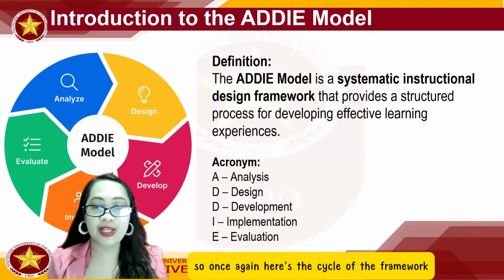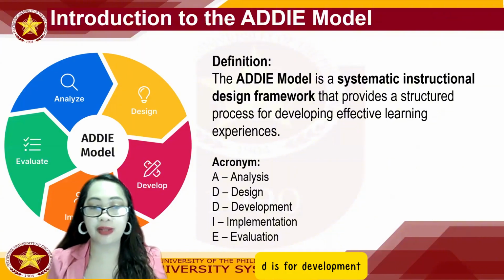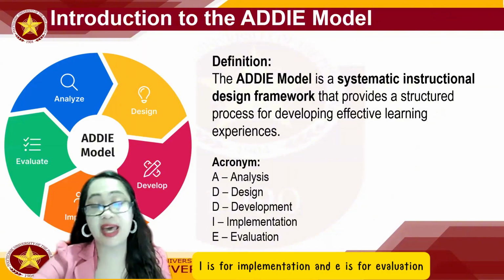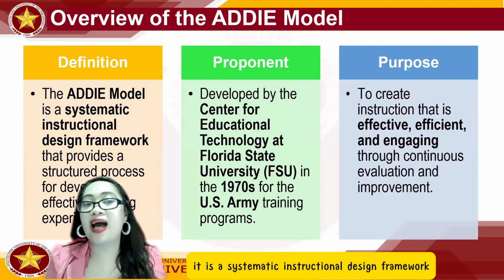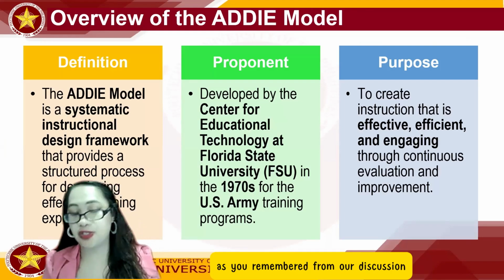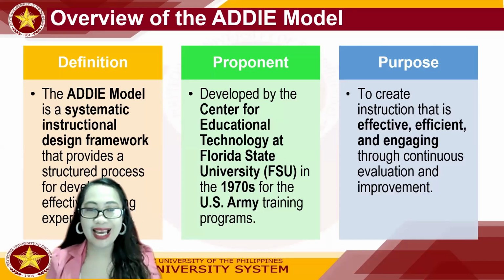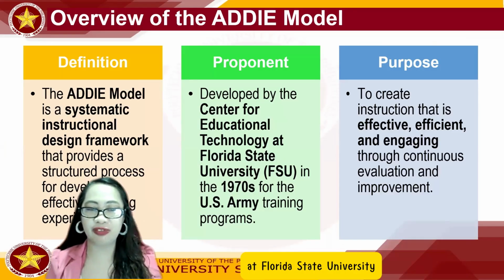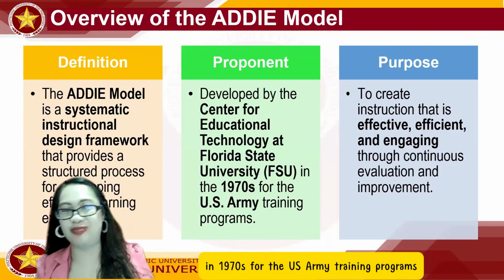So once again, here's the cycle of the framework. A is for analysis, D is for design, D is for development, I is for implementation, and E is for evaluation. It is a systematic instructional design framework because it follows a certain process, as you remembered from our discussion. It was developed by the Center for Educational Technology at Florida State University in the 1970s for the U.S. Army training programs.